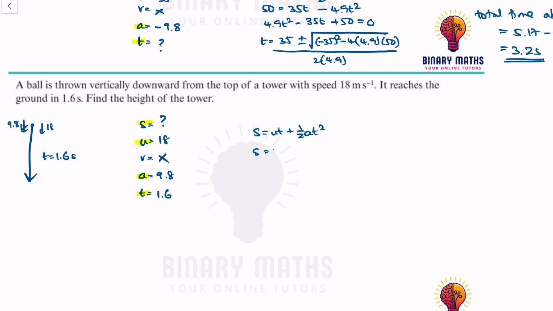S is equal to 18 times 1.6 plus half times 9.8 times 1.6 squared. S is equal to 41.344, so S is equal to 41.3 meters.